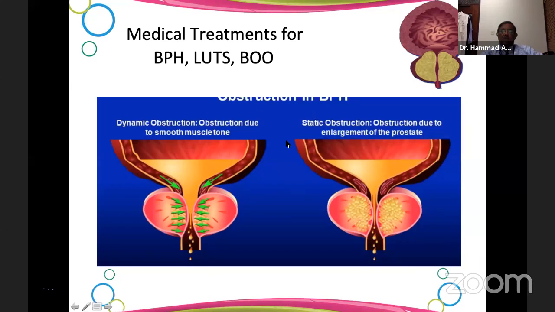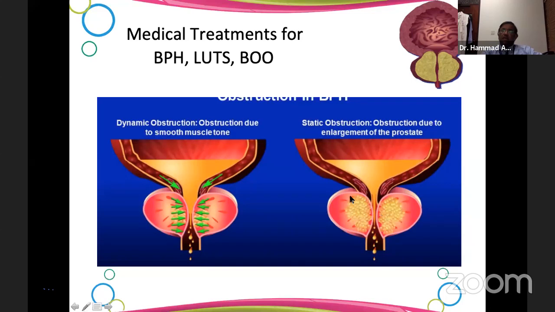So what we have defined is that we have two kinds of obstruction in patients with BPH. Number one is a dynamic obstruction due to the increased tone of alpha adrenergic receptors at the bladder neck and in the prostatic stroma. And this results in compression of the urethra. And this happens in all the patients with BPH.